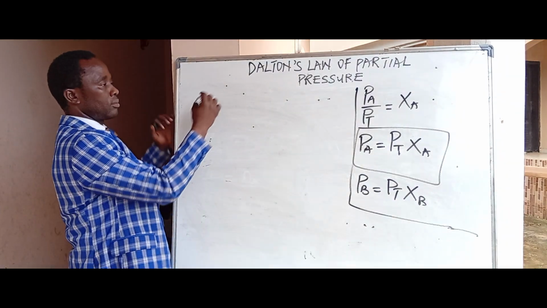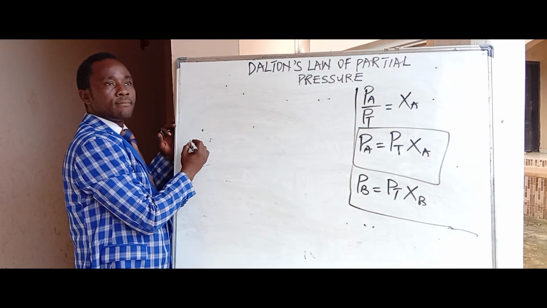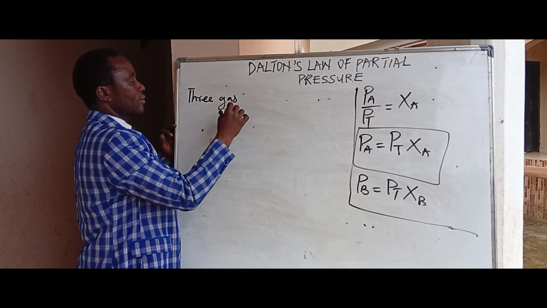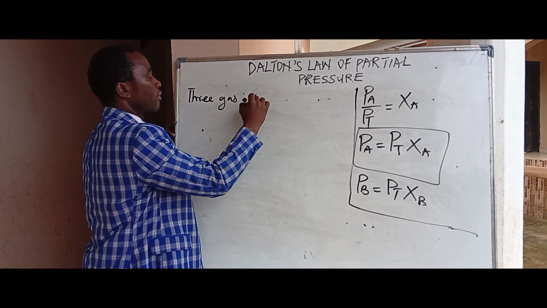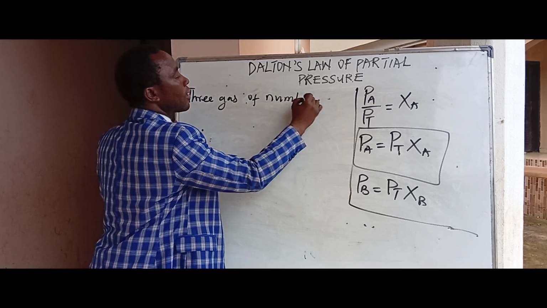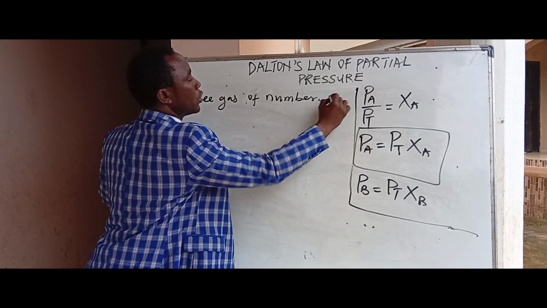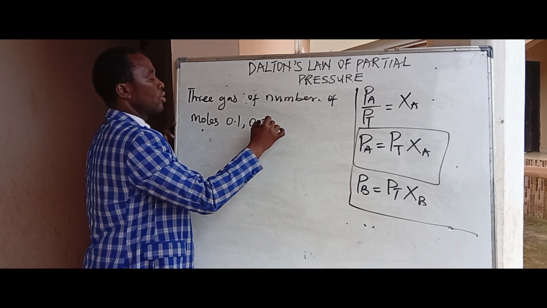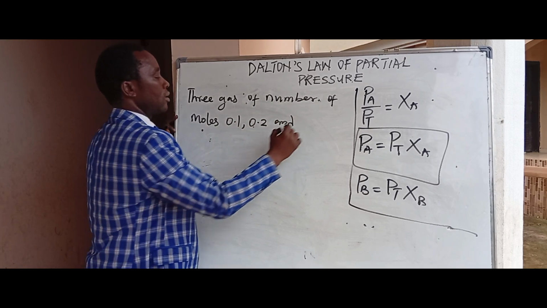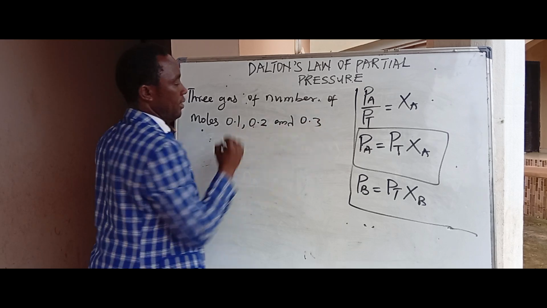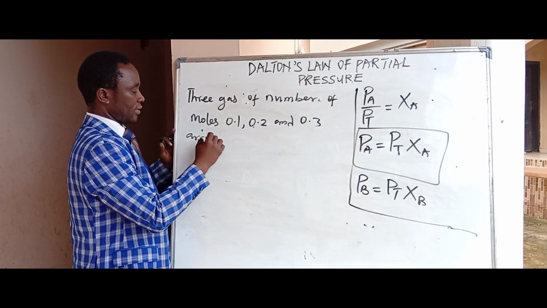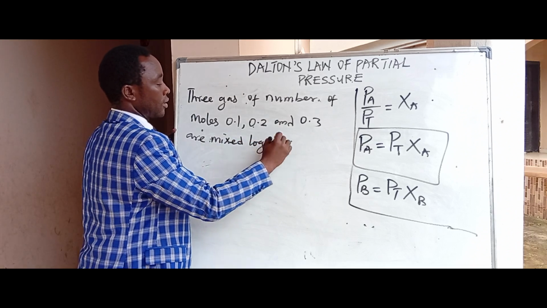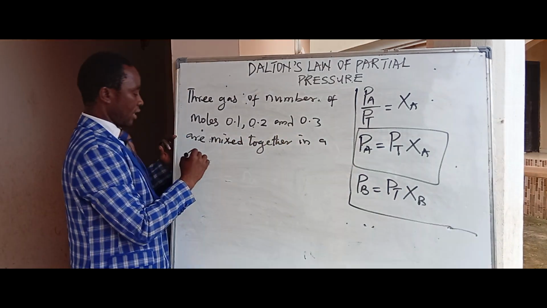Now, let's take one question. Let's say three gases of number of moles 0.1, 0.2 and 0.3 are mixed together in a container.